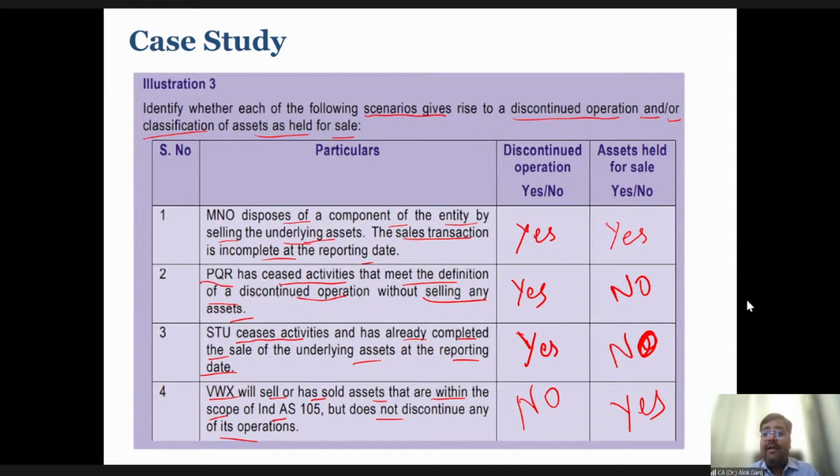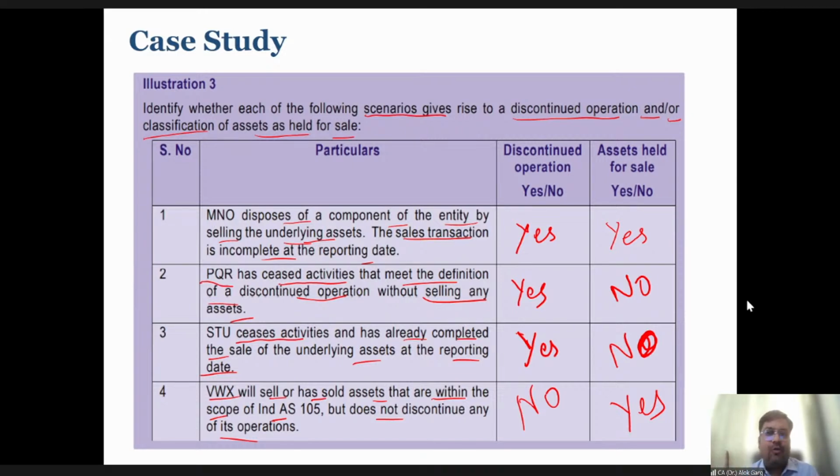It is a sale of a group of assets. The underlying asset is going to be sold out. So it will be classified as disposal group held for sale from the accounting perspective. But if a disposal group is a discontinued operation, then some separate presentation and disclosures are also required.